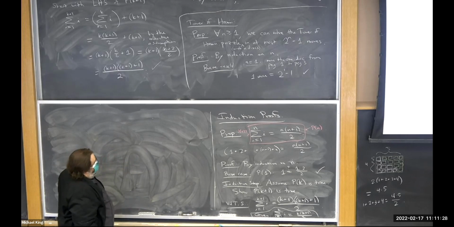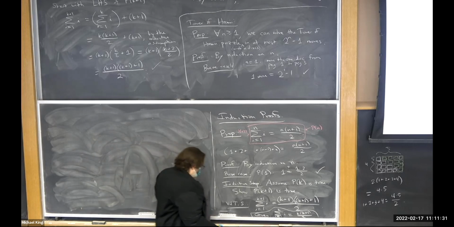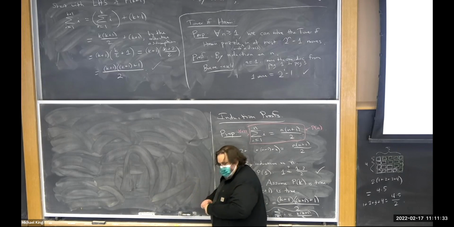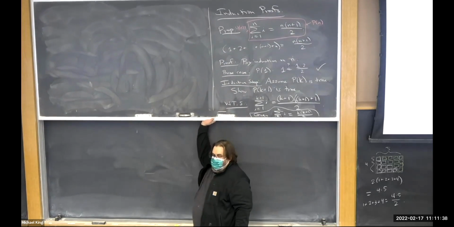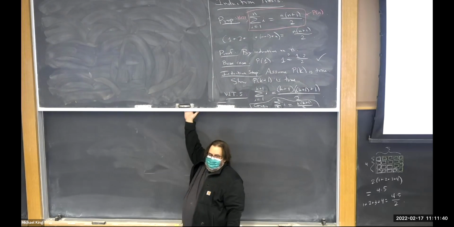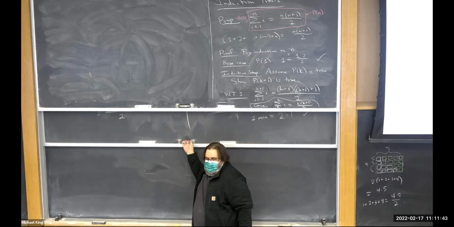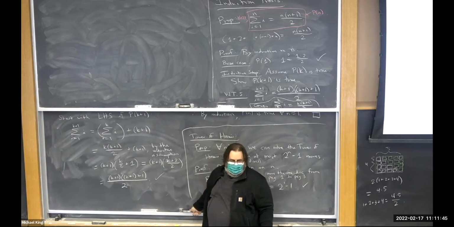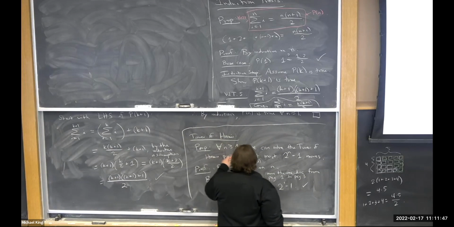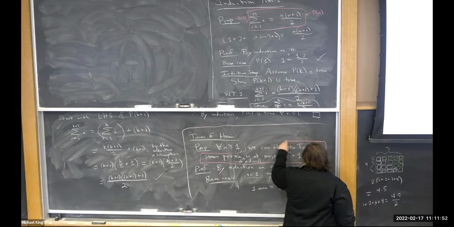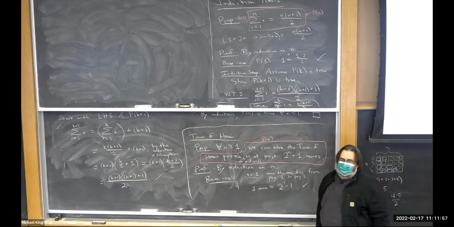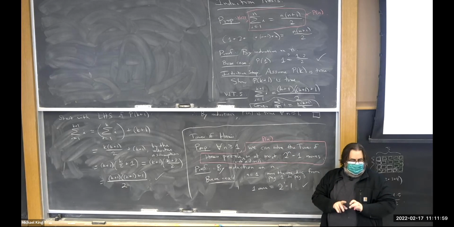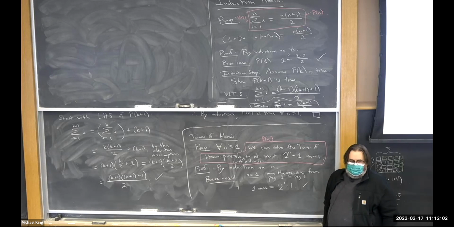In my personal life, when I'm writing induction proofs, I tend to just write, suppose we can solve the k disk Tower of Hanoi in 2 to the k minus 1 moves, rather than just say suppose P of k is true. But especially on the board, it is nicer to have this shorthand. This is our statement, P of n. If I was TeXing, I would probably just write it out in English to have fewer symbols.